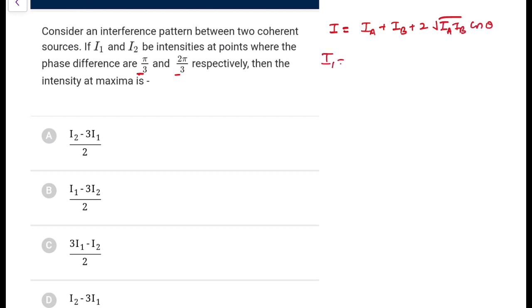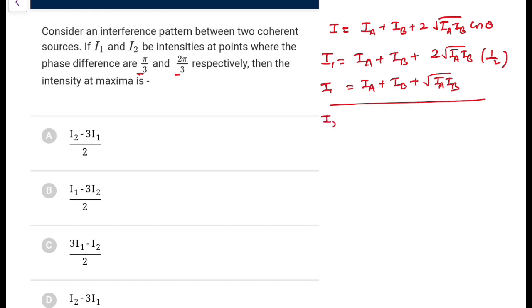What we are given, I1 is IA plus IB plus 2 root IA IB cos of pi by 3, you know cos 60 degree is 1 over 2. So IA plus IB plus root IA IB is given as I1. And similarly for the second one, I2 would be, cos 120 is minus half, so it would be IA plus IB minus root of IA IB. That is what you can write in this particular case.